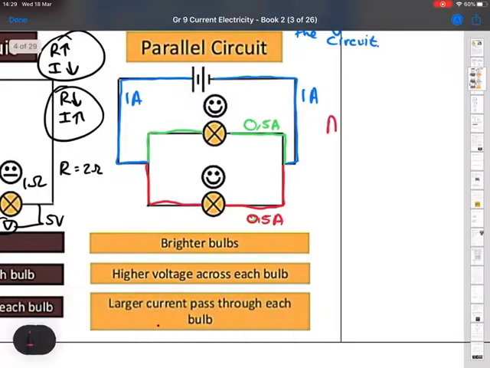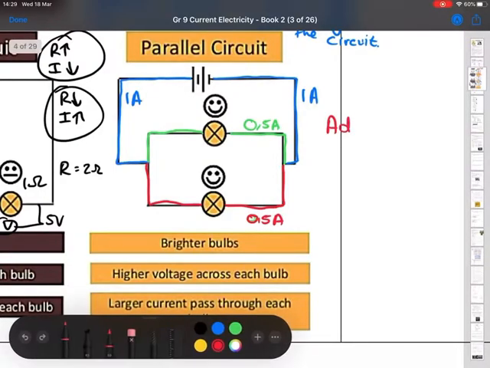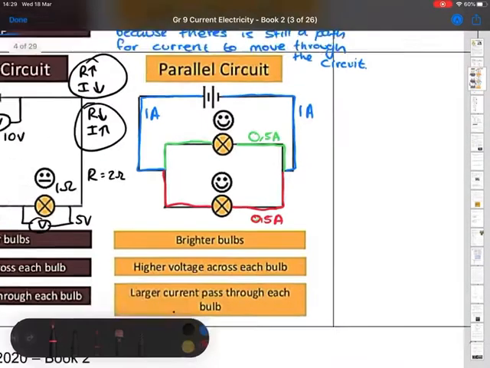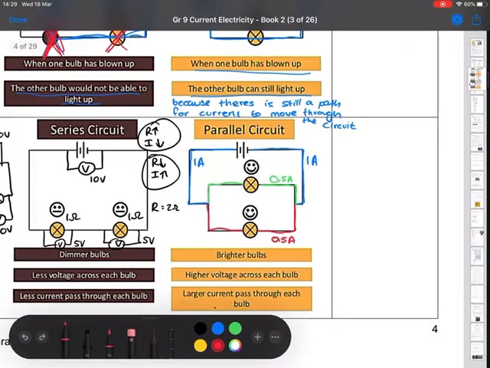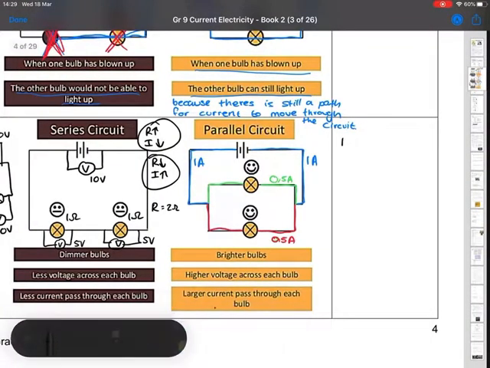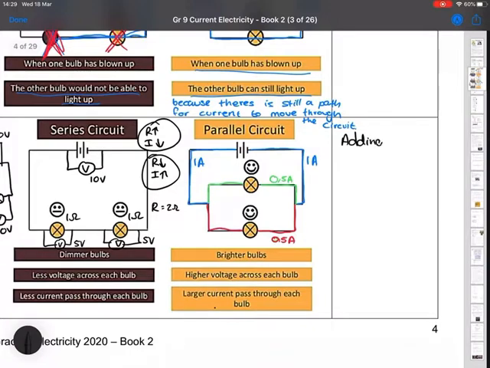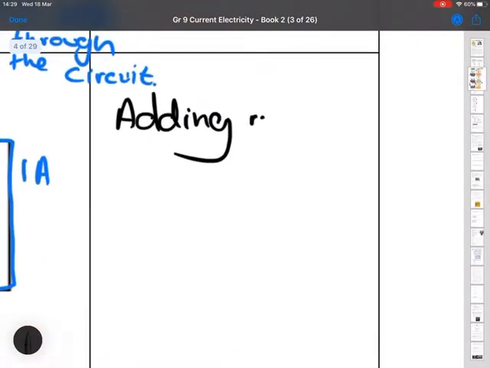So if you're adding resistors in a parallel circuit, let's actually make a little note on the side here. Adding resistors. Let's talk about a series circuit first.